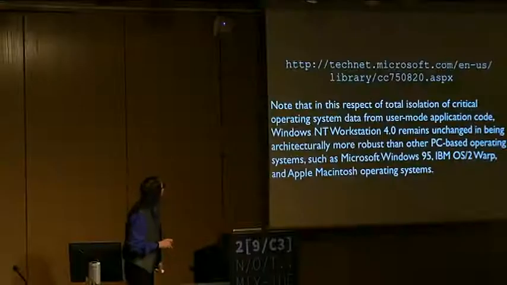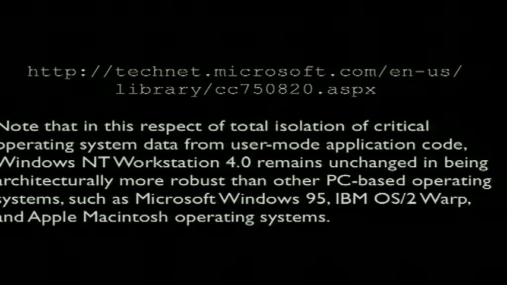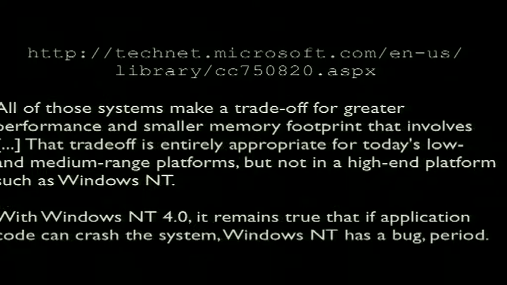Hang on a second. Oh yeah, so they go into this whole marketing thing about how they're so much better than OS/2 Warp. Other operating systems like Warp are not high-end platforms like Windows NT is. They're just medium-range ones, so they're okay with crashing on a bad font or something.